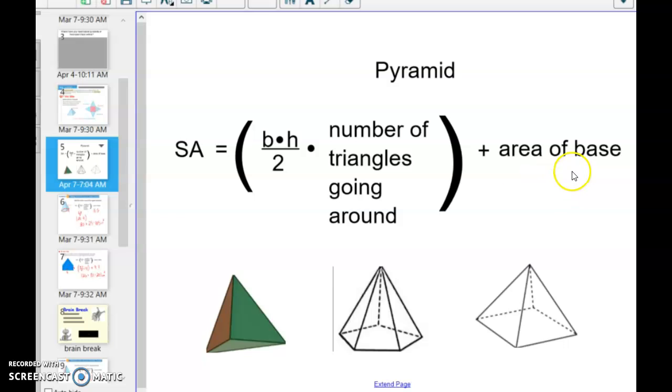Then add to that the area of the base, no matter what your base shape is. Could be a square, could be a pentagon, could be a hexagon, could be a triangle. I usually try to trace around whatever shape of the base I'm given, and then I just find the area of that shape, and then I add that to the area of the triangles going around.